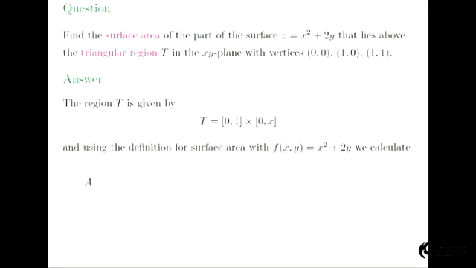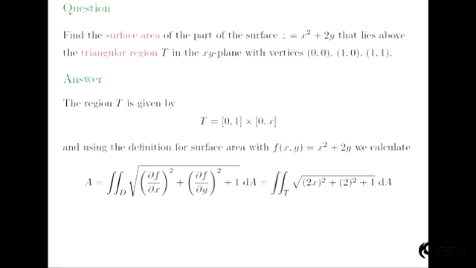Using the definition for the surface area, which is all you will have to do, we calculate the area as equal to the double integral over D, our region, of the square root of the sum of the squares of partial derivatives in every direction. If I swap out, our f is x squared plus 2y, so the partial derivative with respect to x is 2x. The partial derivative with respect to y is 2.